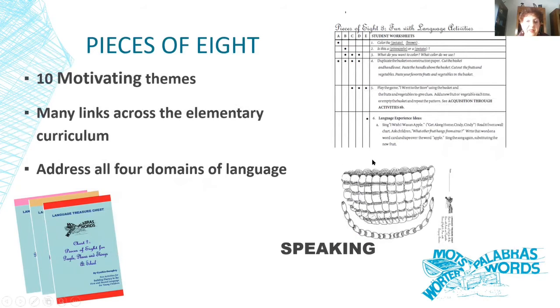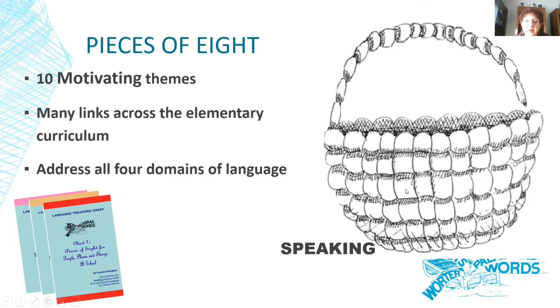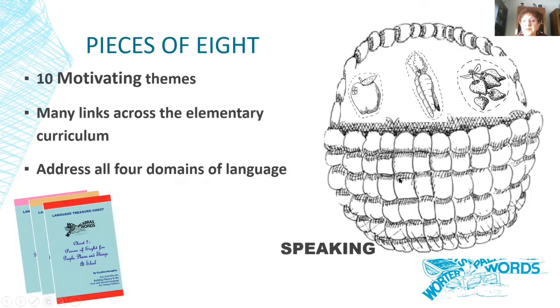This is a speaking activity where you cut the basket out and paste it together. Then the first student says, I went to the store and I bought an apple. The second student says, I went to the store and I bought an apple and some carrots. And then the third student will say, I went to the store and I bought an apple and some carrots and some strawberries.